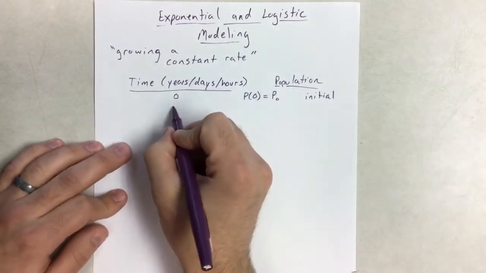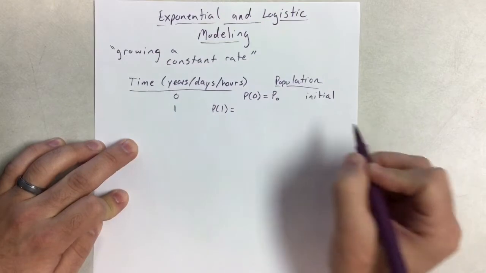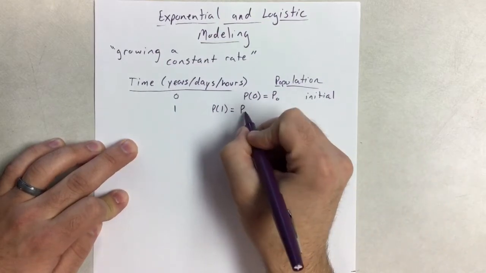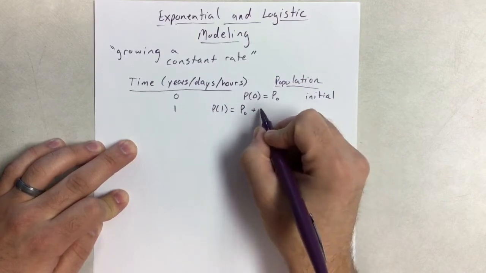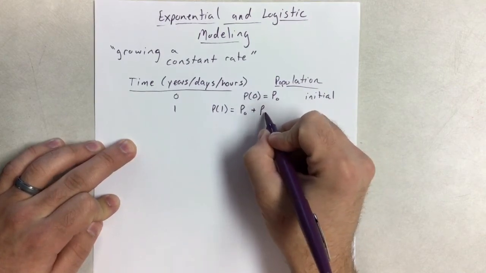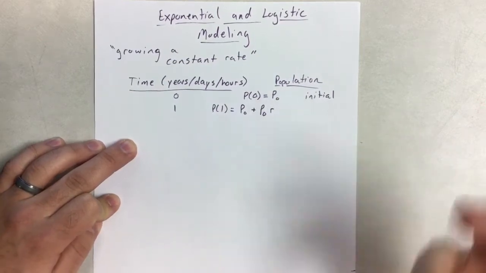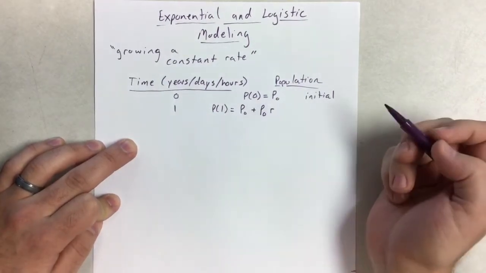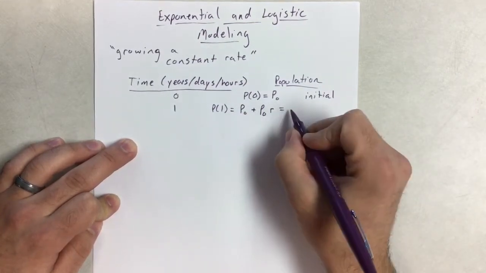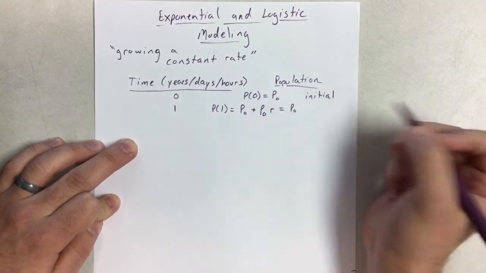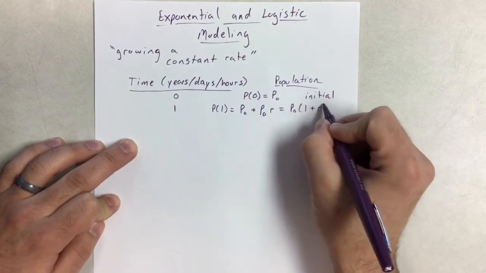So after 1 year has passed, the population after 1 year, what we see is we take our initial population and we add to that the value we get when we multiply this initial population by the rate at which it is growing. So this is often a percentage. I'm going to simplify this. I'm going to pull a P sub 0 out, leaving us P sub 0 multiplied by 1 plus R.